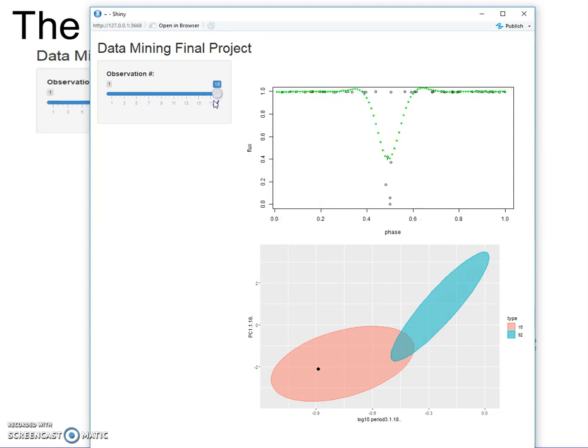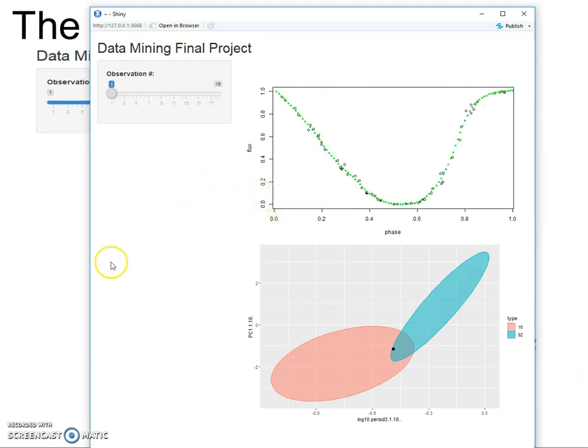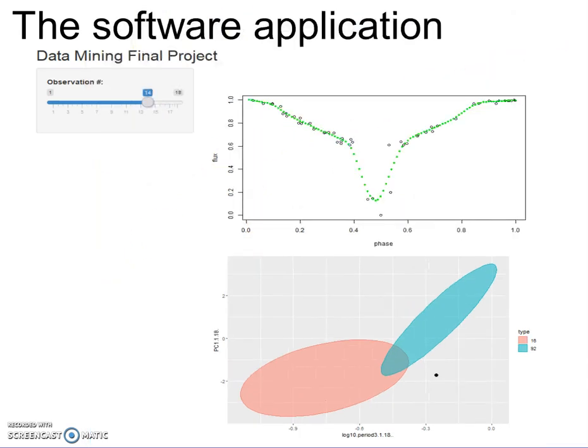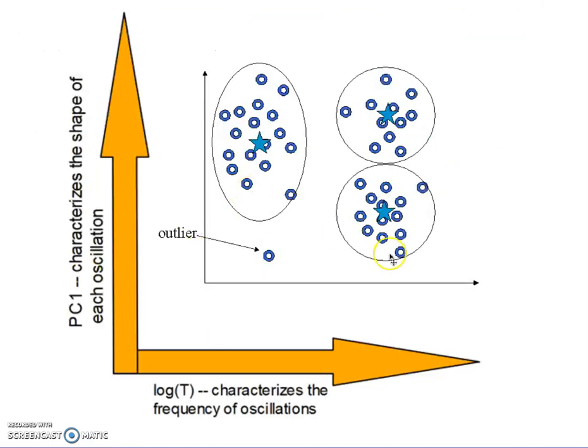And that's it. Okay, so in final conclusion, all the way up at the beginning here, I wanted to build a map. And on that map, I wanted to place stars on the log of their period and their first principal component.